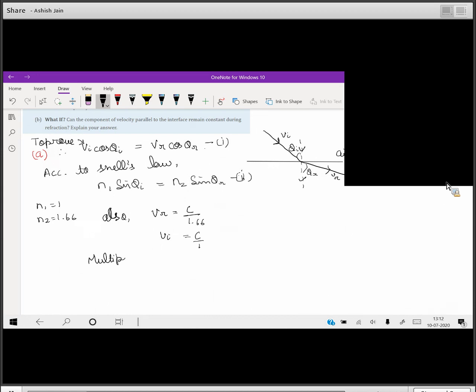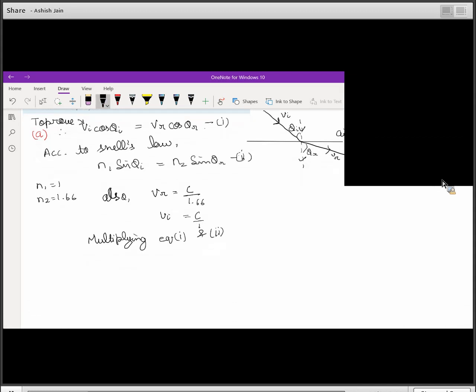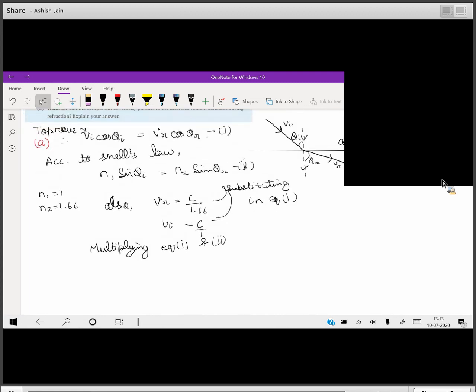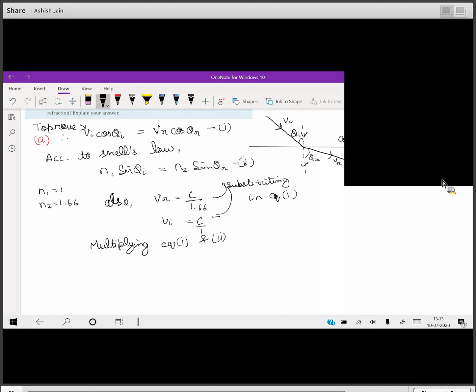Multiplying equation 1 and 2, we get, when substituting these in equation 2 and equation 1, sine theta i cos theta i equals sine theta r cos theta r.